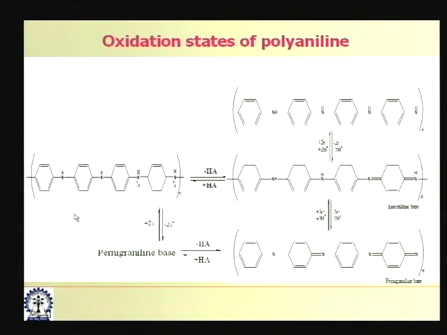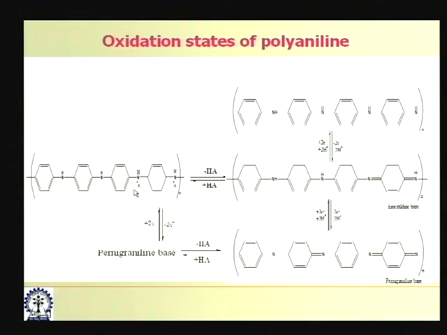This emeraldine salt, the color of this font may not be visible from there. This is emeraldine salt. Here you see this double bond is there. So, this is the salt, NH plus A minus.